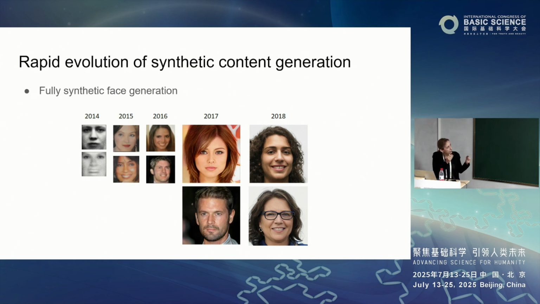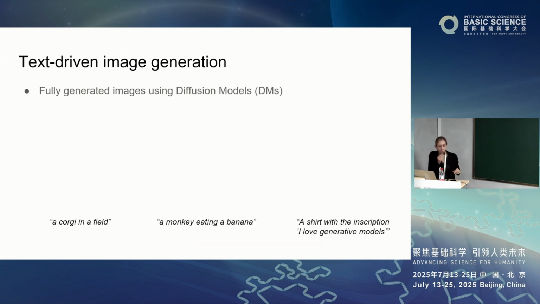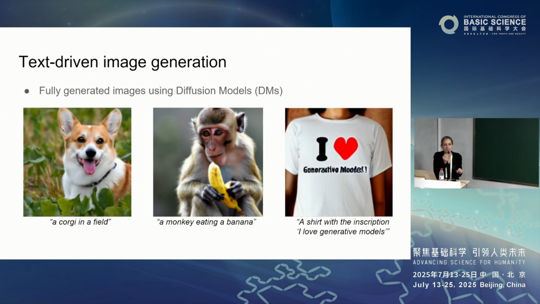These were generated, as I told you, using generative adversarial networks, but now you can also use diffusion models. Diffusion models give you much more flexibility because you can describe the content of the image that you want to generate using a prompt, as I've done in this slide, and then make this generation. And this is really easy.